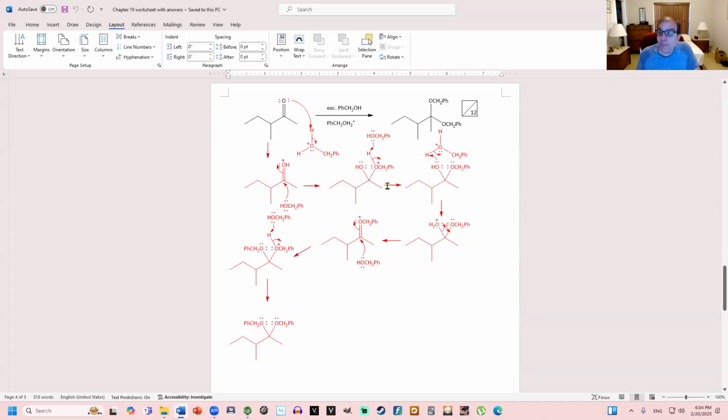It's at this point in the mechanism that we typically have to do some proton transfers. The goal in doing the proton transfers is always going to be losing a molecule of water. At least in chapter 19, that's a pretty common strategy. So we need to pull off a proton from this oxygen first. The idea is we want to get rid of the plus charge before we go protonating elsewhere.